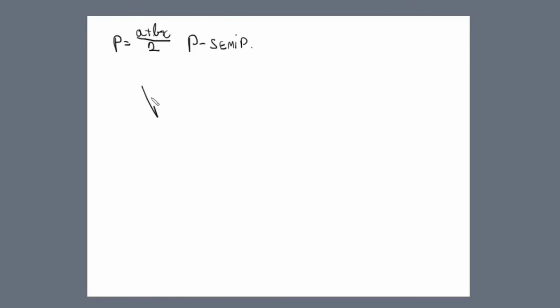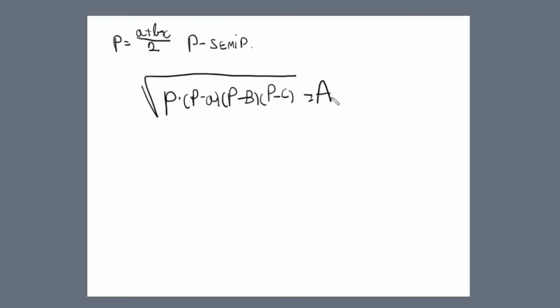And the way we calculate the formula of Heron is P multiplied by P minus A multiplied by P minus B, everything multiplied by P minus C. And this is equal to the area of the triangle that has the sides as A, B, and C.